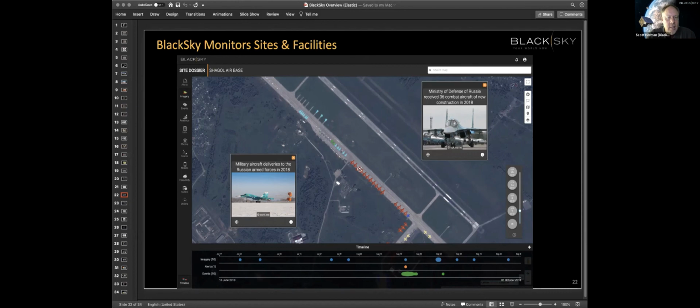You'll see light blue and red, dark blue, yellow. Each of those represents a different type of aircraft. And then we're bringing in other contextual sources of information, like the defense journals that are telling us that new planes are expected to be deployed here. Let's watch for them. And you can see some of the graphs in terms of timelines.